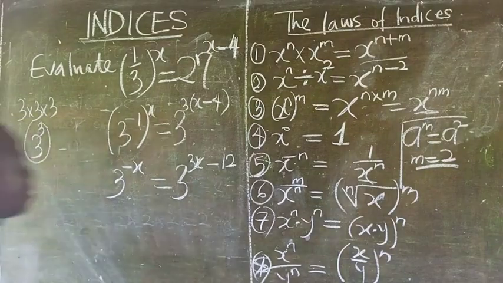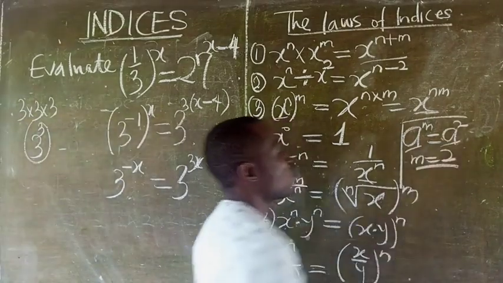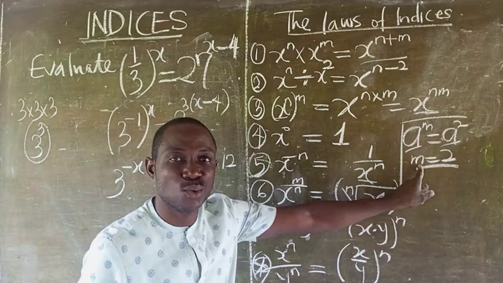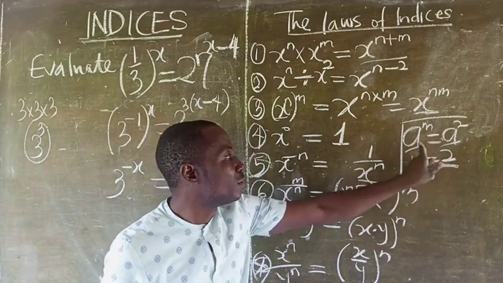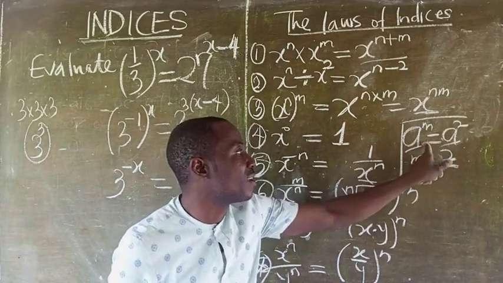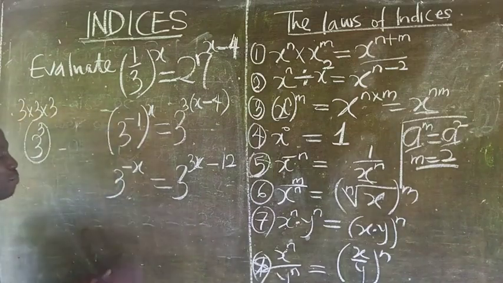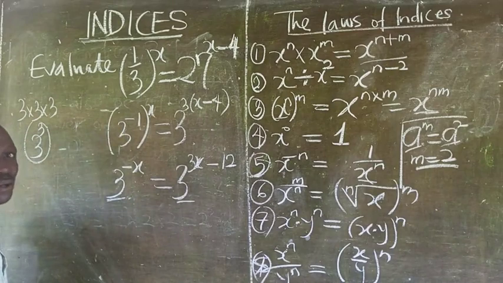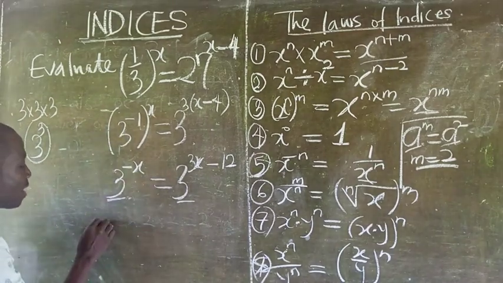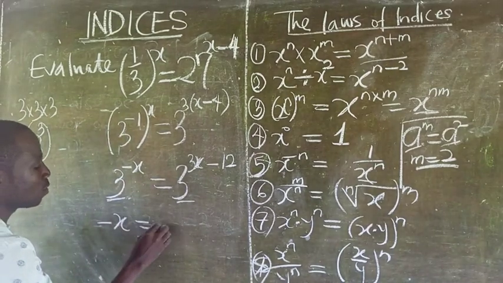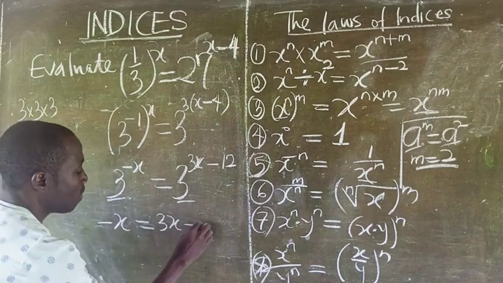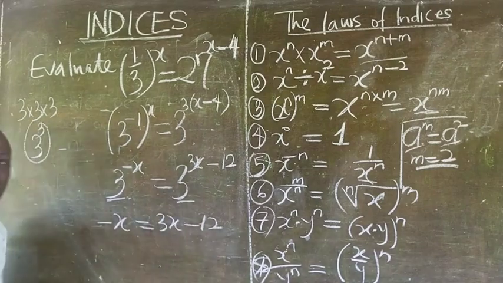You see, when the bases are equal, we have the impetus to equate the powers. The base here is 3, and in this case, we are having the base of 3 both on the left hand side and on the right hand side. So if I write minus x equal to 3x minus 12, we are very correct.